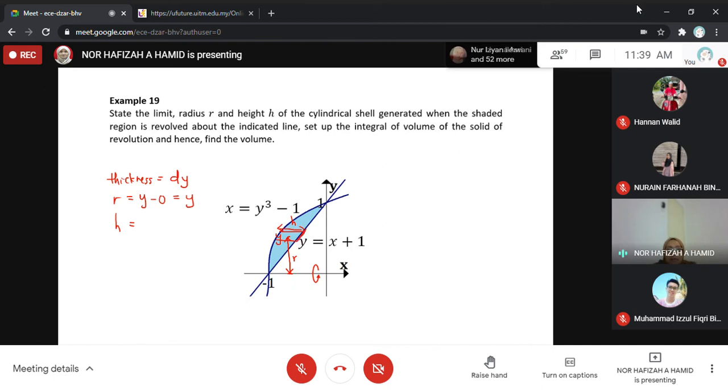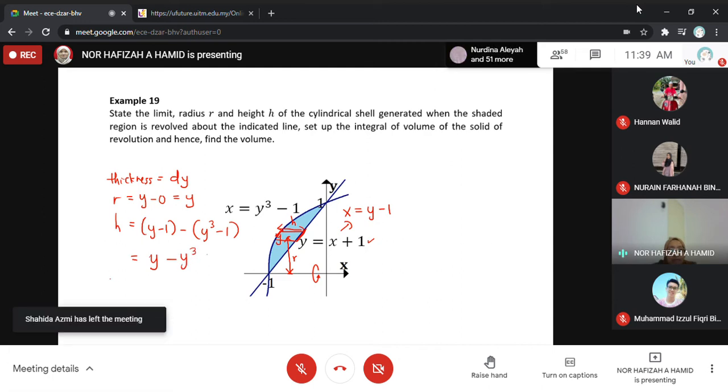So write you function yang straight line ni, tapi you tukar, saya nak y, saya nak derive x. So x is y minus 1. Right u is y minus 1, minuskan dengan left is y cube minus 1. So you simplify, you have y minus y cube.